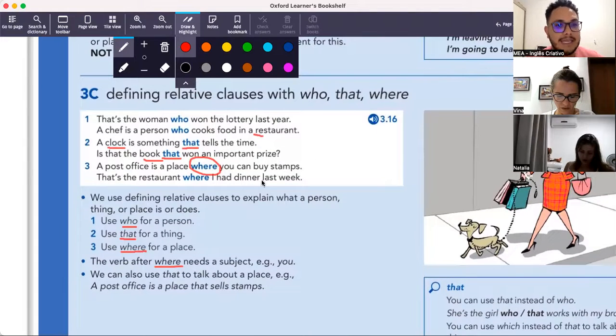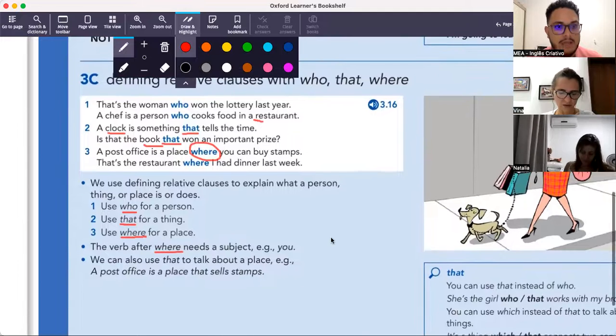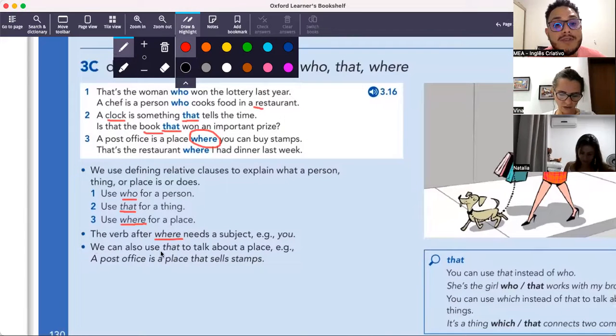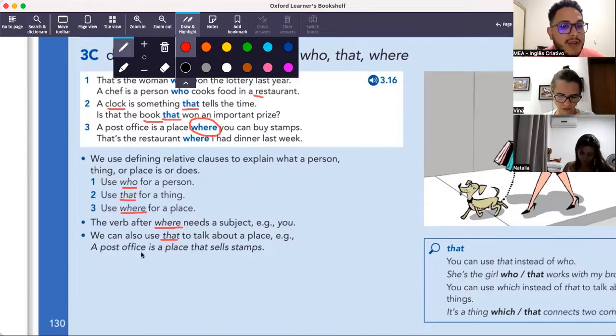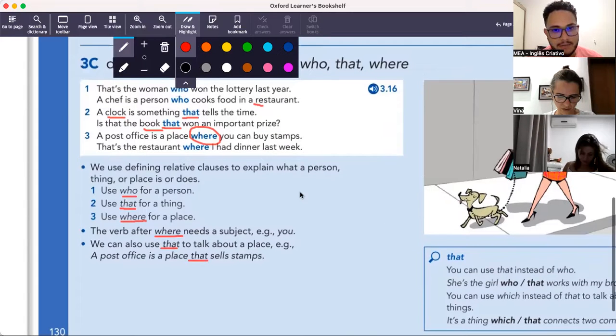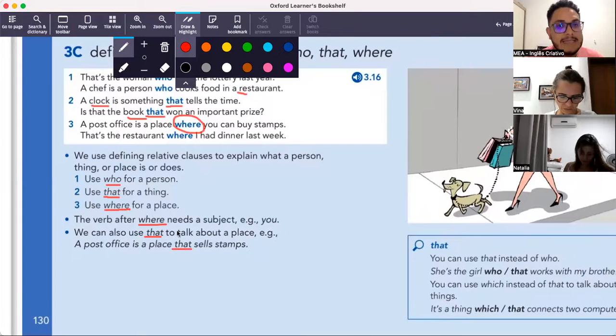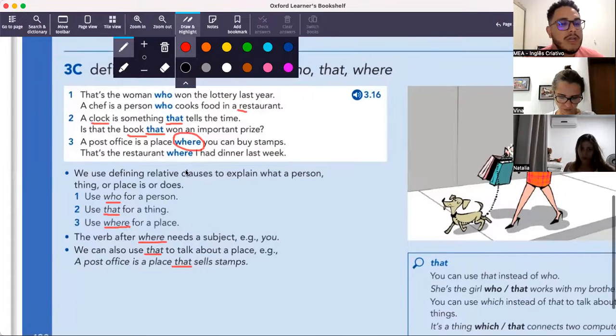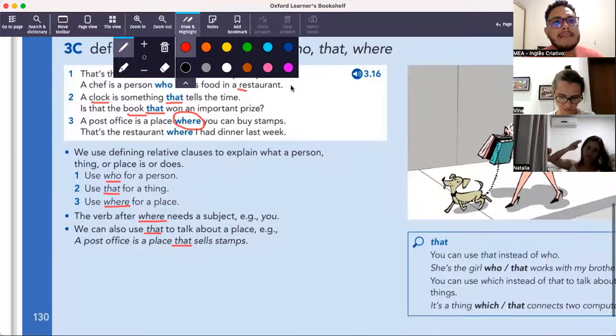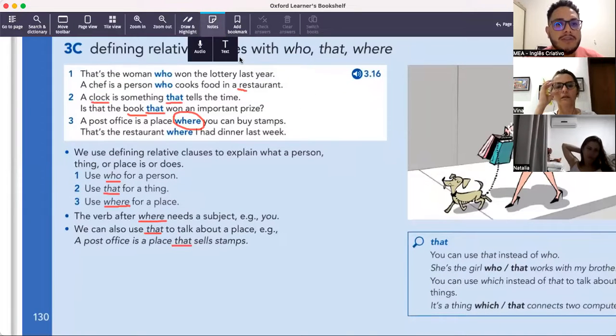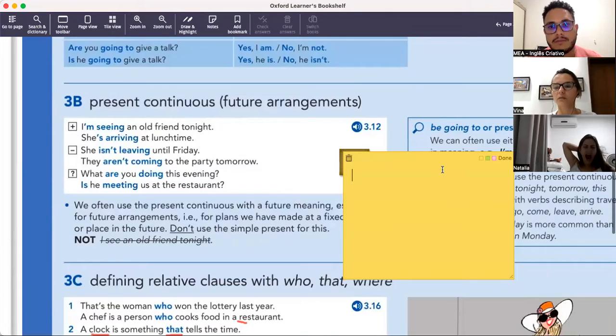Where I had dinner. You can also talk about a place: a post office is a place that sells stamps. We can use that too if it doesn't come with a person. If it comes with a person, it's better to say where I had. For example, what is the best definition for school, girls?